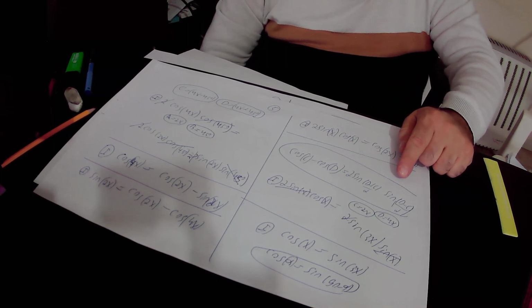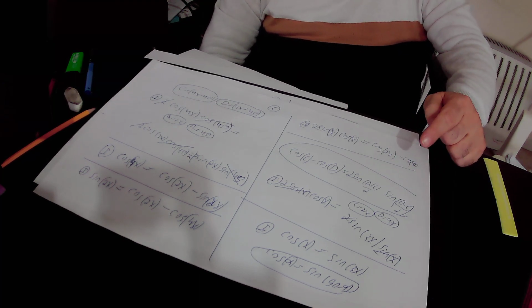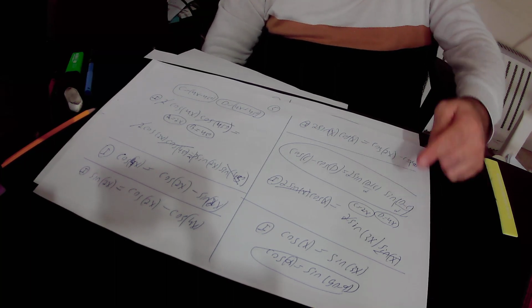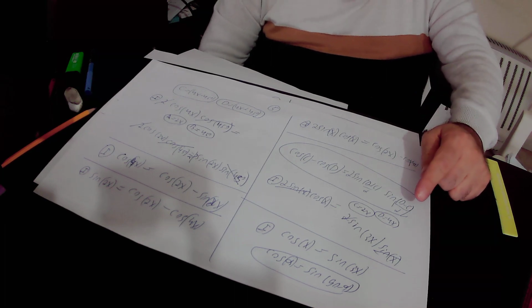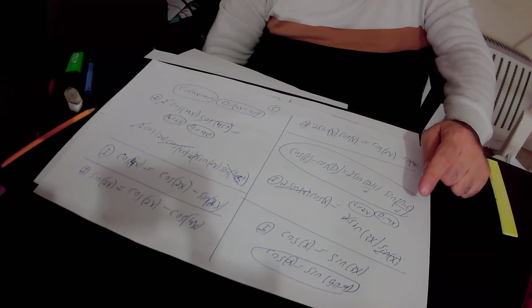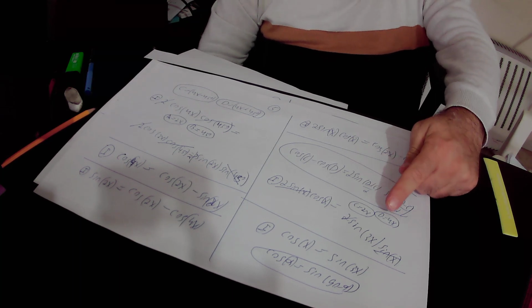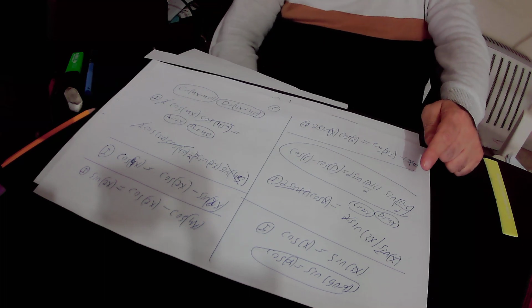2 sine d plus c over 2 times sine d minus c over 2. Here c equals 2x and d equals 4x. As you can see, d plus c over 2 is 2x plus 4x, which is 6x, and 6x over 2 is 3x, so we got 2 sine 3x, and then we have times sine d minus c over 2.